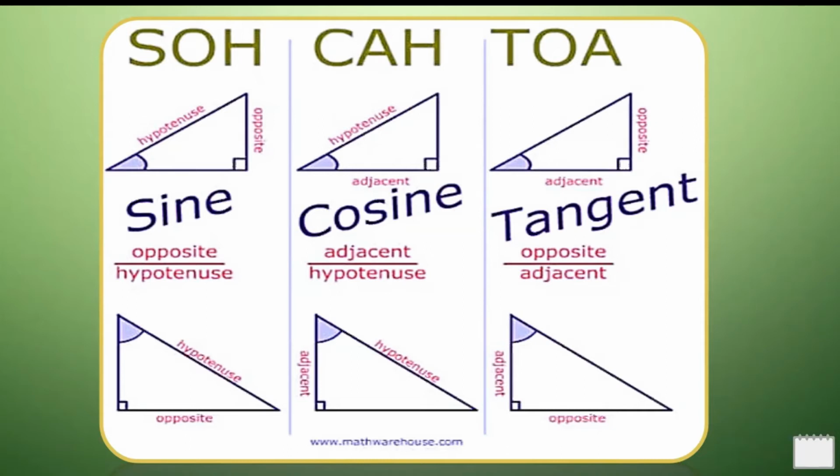By saying some old horses, you're remembering the sine ratio, which says sine is equal to the opposite over the hypotenuse. When you say can always hear, you're saying cosine of an angle is equal to adjacent over hypotenuse.